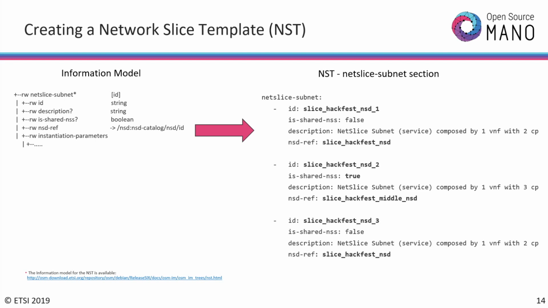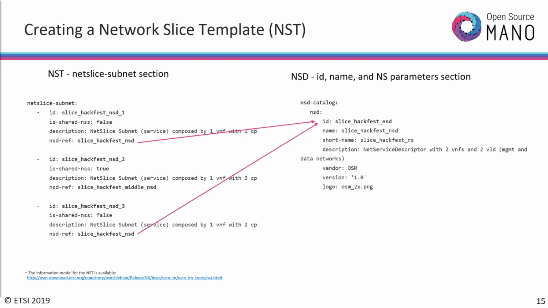Additionally, you need to indicate if the network slice subnet is shared or not and provide a description. The field is-shared-nss means that this slice subnet can be used by multiple instances of a network slice template, giving the ability to share resources among different instantiations. We will see how it works in the hands-on session.